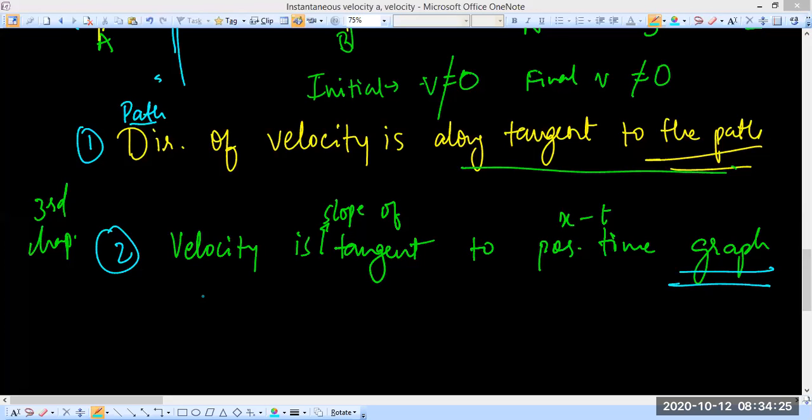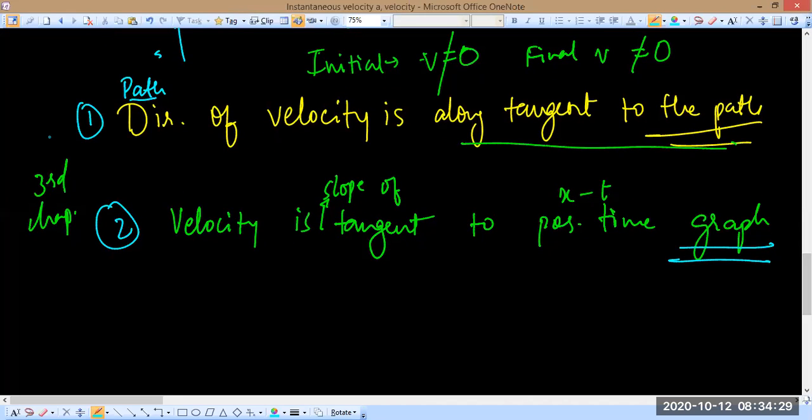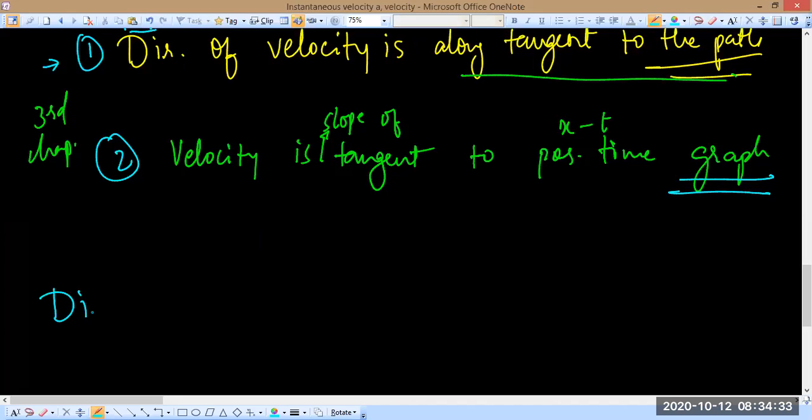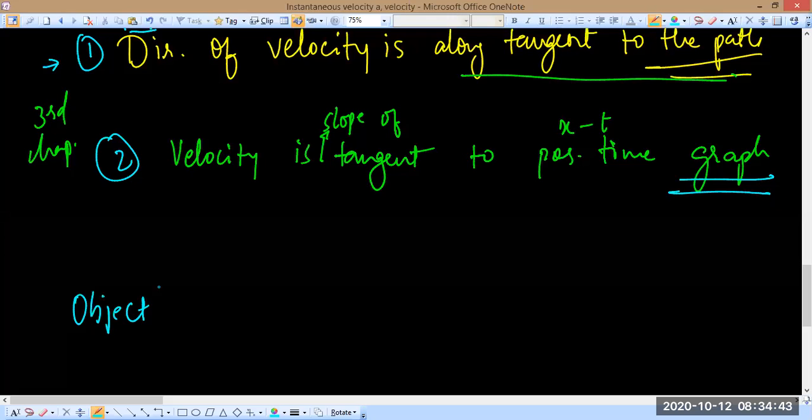Okay, at this juncture I want to mention one more point related to this. In the previous chapter I taught you this. I remember, so whether you remember or not is up to you, but I remember that I taught you this. It was that object moves in direction of velocity. Do you remember that?